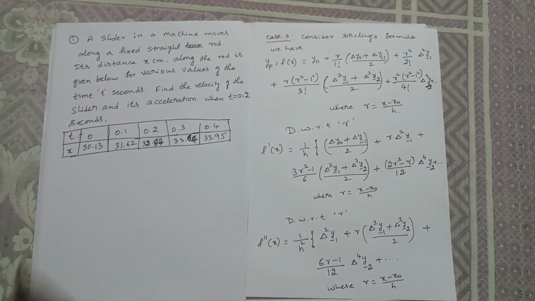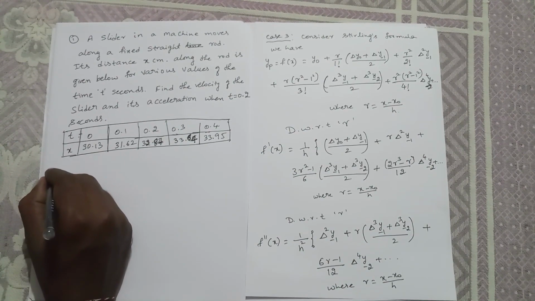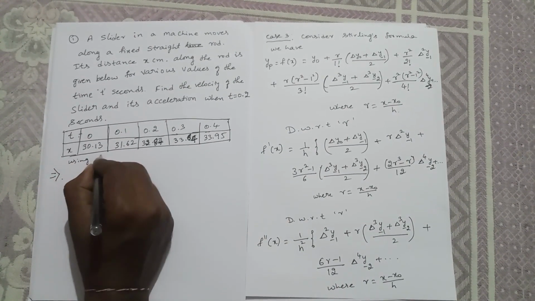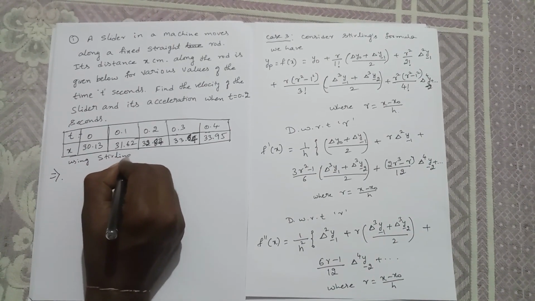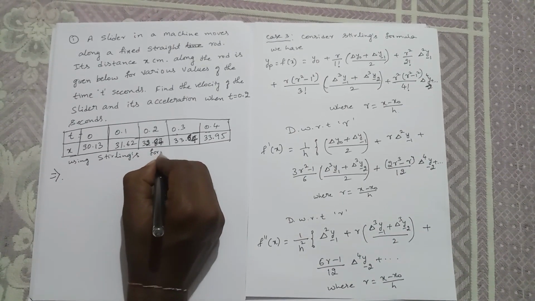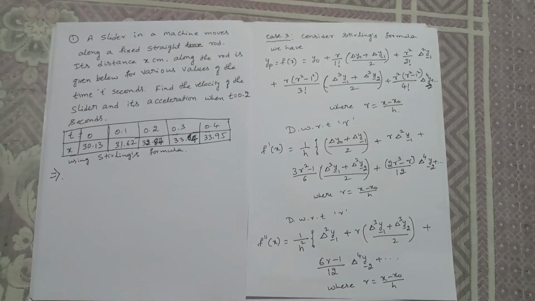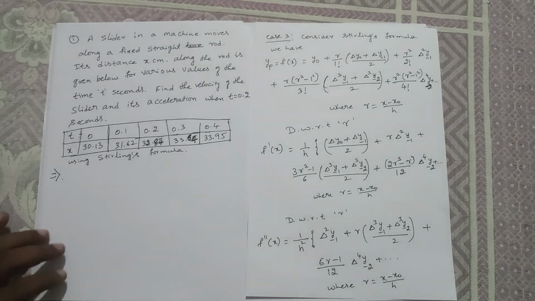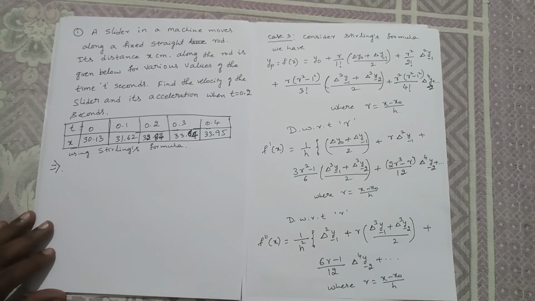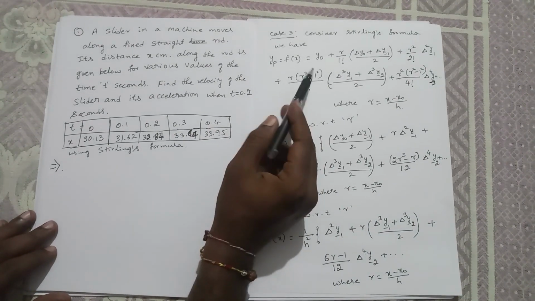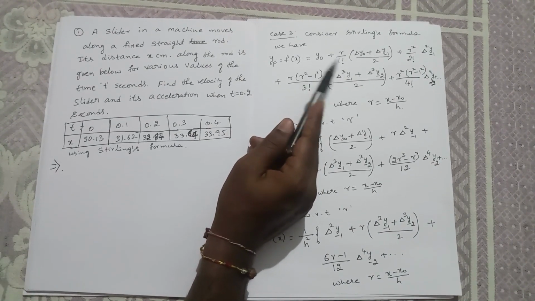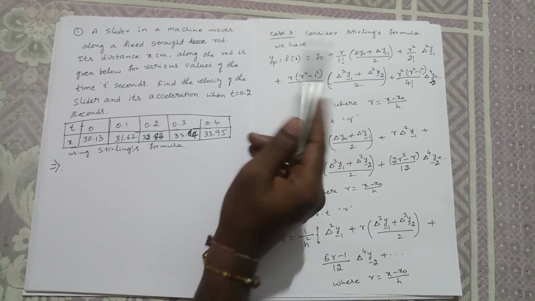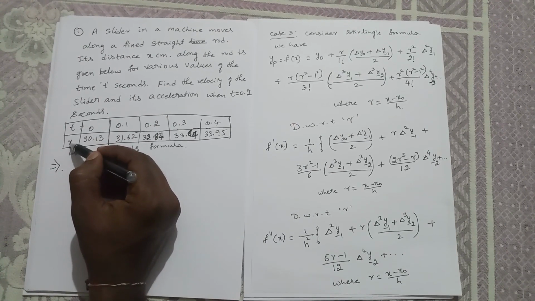So here, using Stirling's formula, we have a formula here with y naught and r, delta y naught, delta y suffix minus 1, delta square y suffix minus 2, but here they have given t and x.